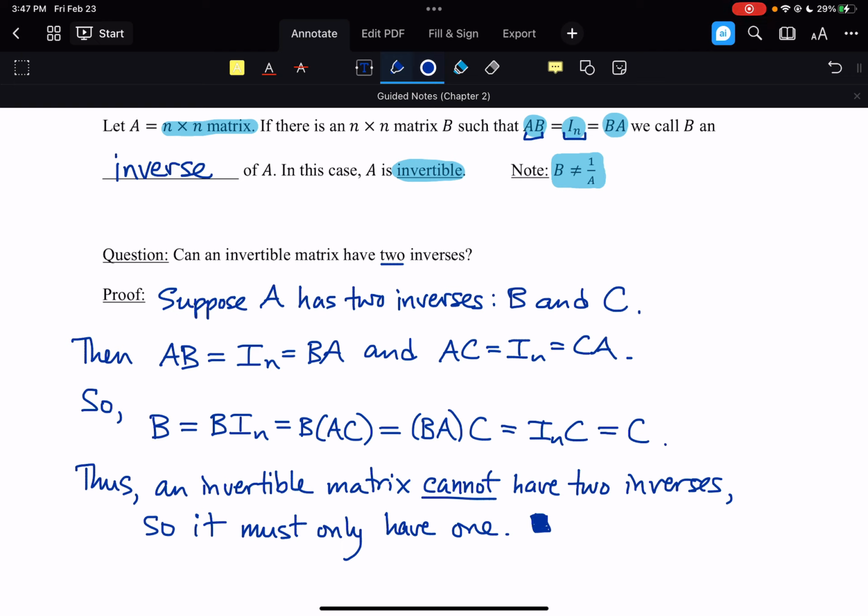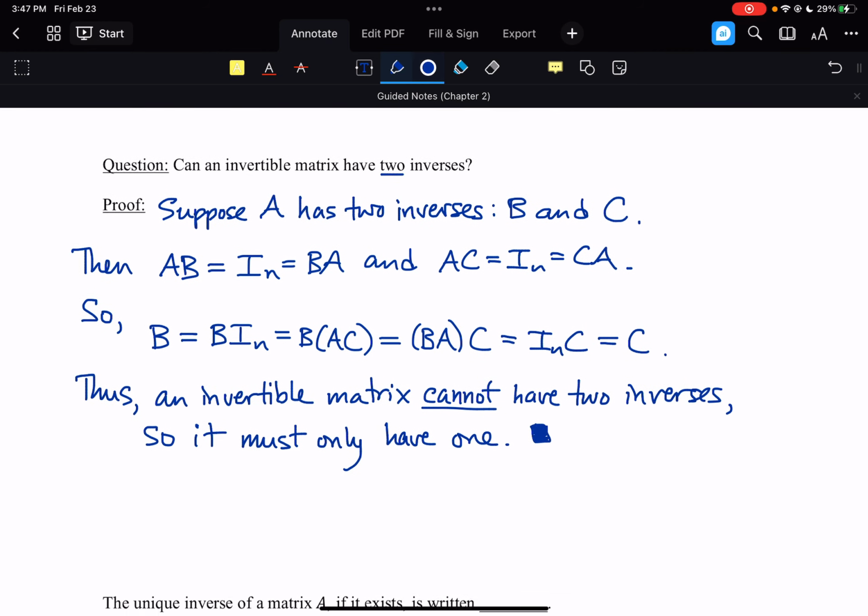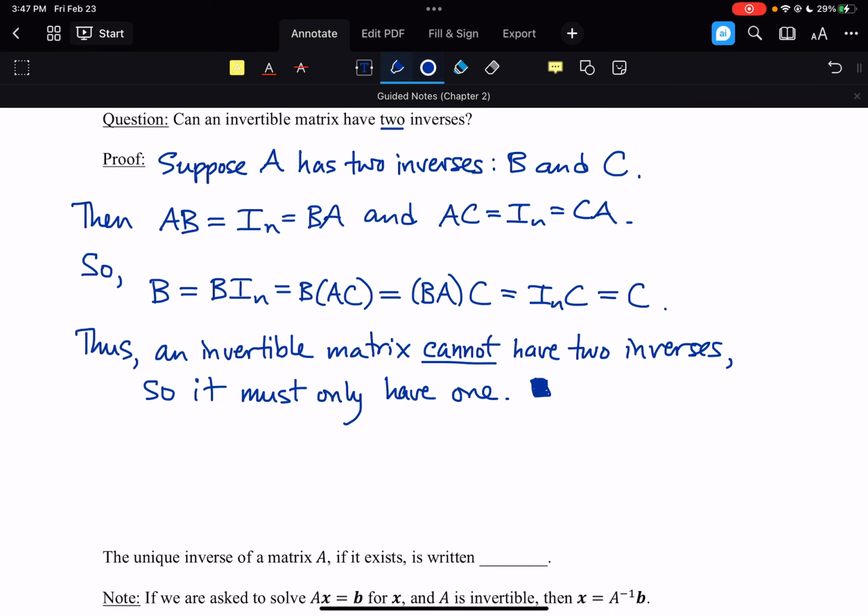All right, so every matrix that is invertible will have only one exact inverse. And this unique inverse of the matrix A, if it exists, is written with this notation.